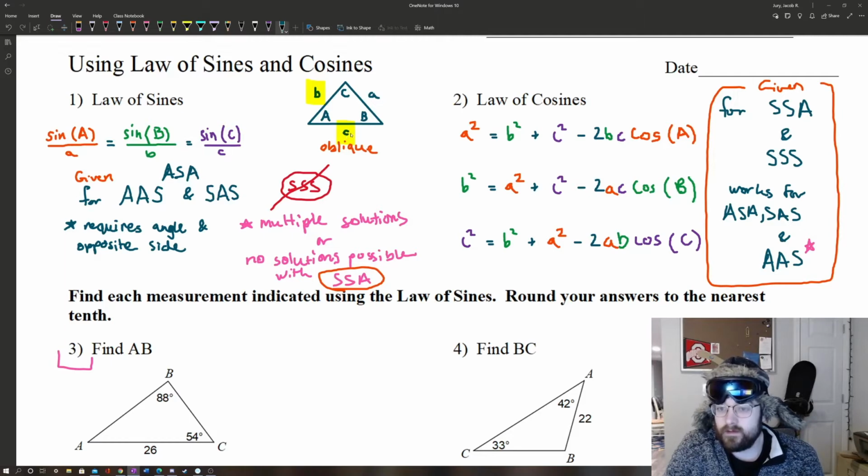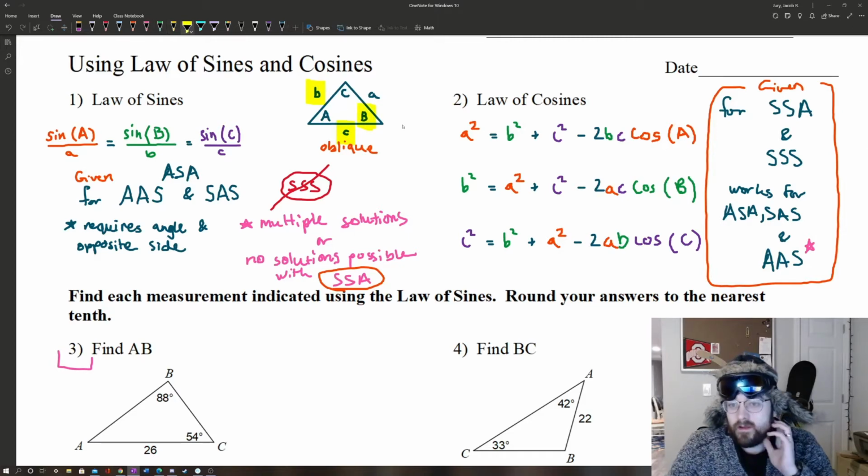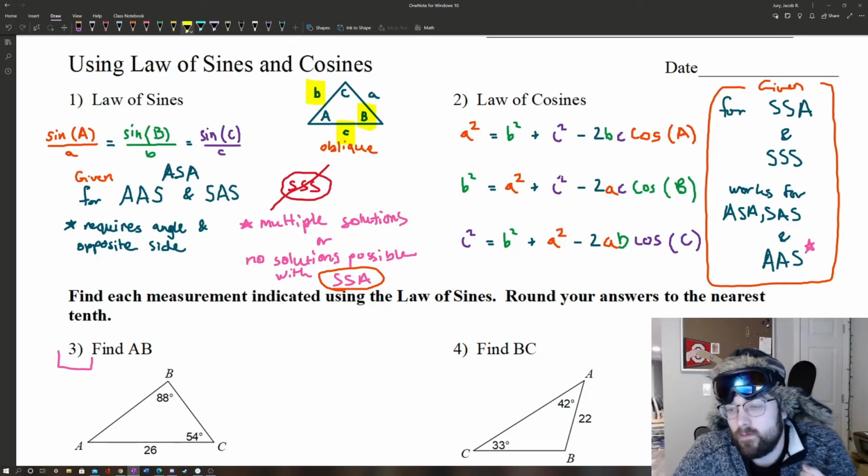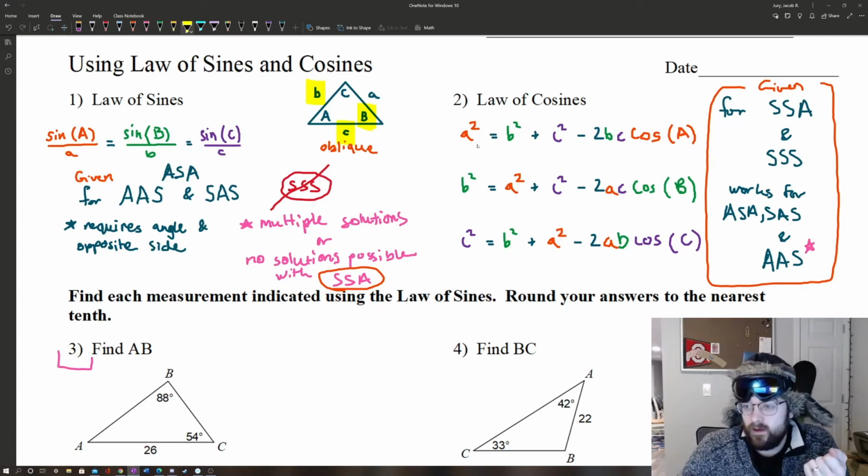Let's be given angle B. So if we know our angle B, C, and side C, then we want to use one of these equations for law of cosines that is going to utilize all of these variables except one.